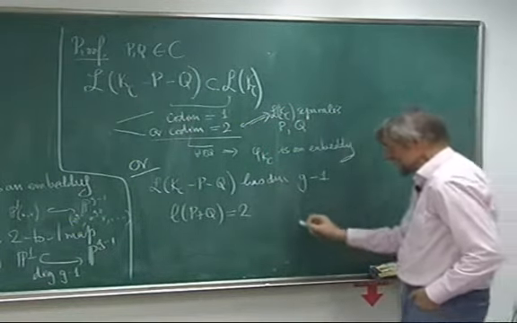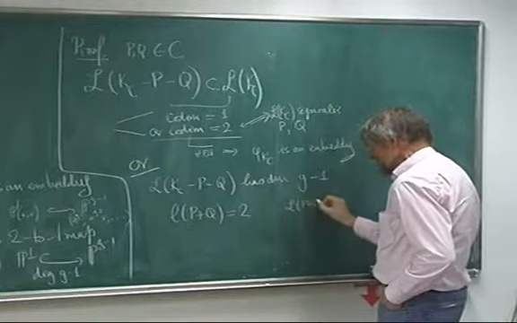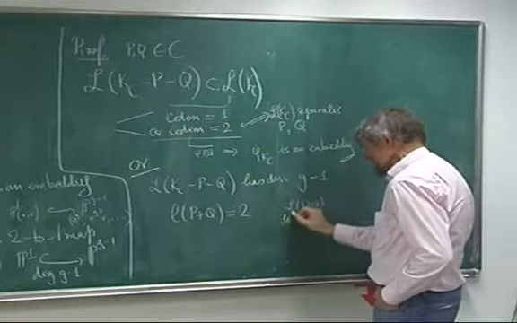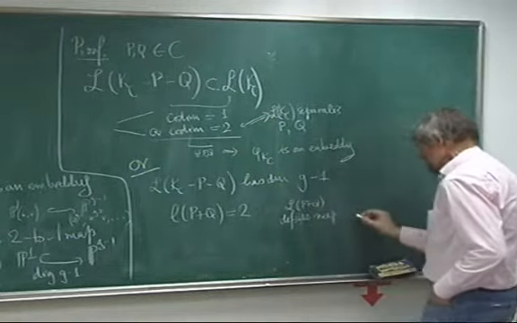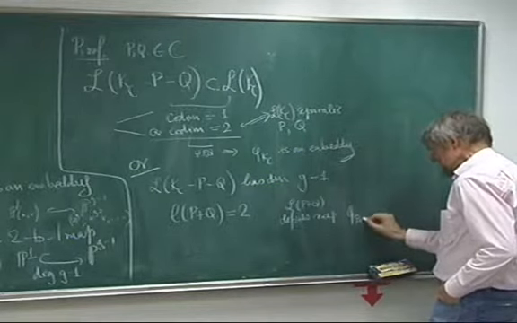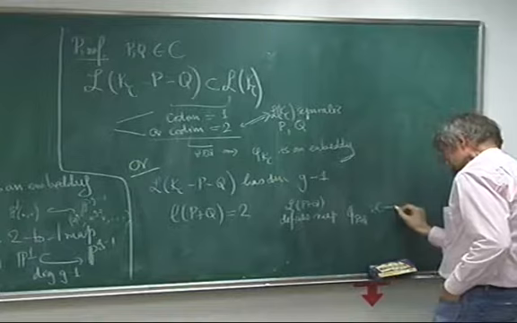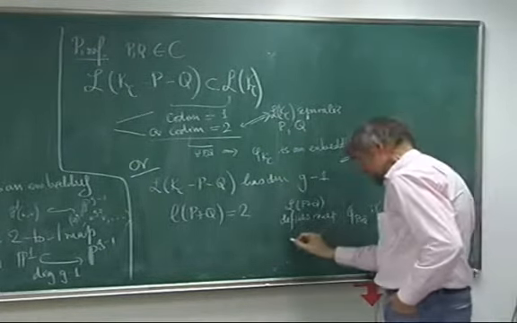So in other words, L of P plus Q defines a map phi of P plus Q from my curve C into P1. Right, and this is of degree 2.